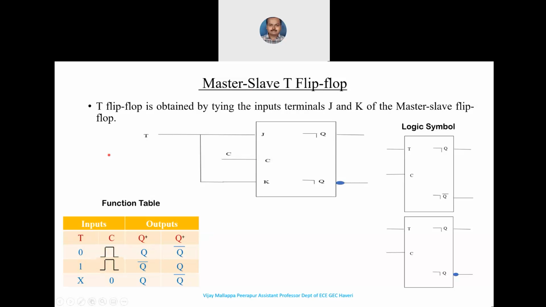Similarly, when T is 1 and the clock input is applied, the next state is equal to the complement of the previous state here, right? And when the clock input is not applied, irrespective of whether T is 0 or 1, the next state is always equal to the previous state here, right?